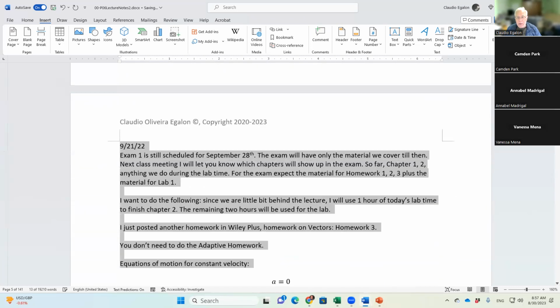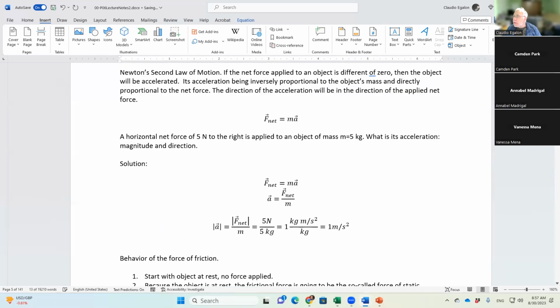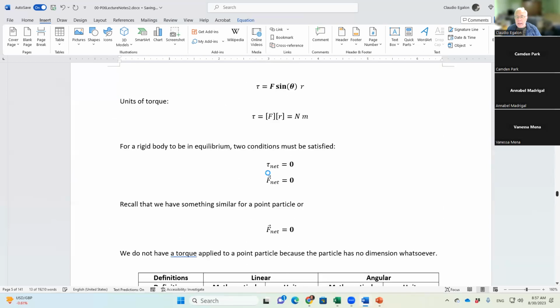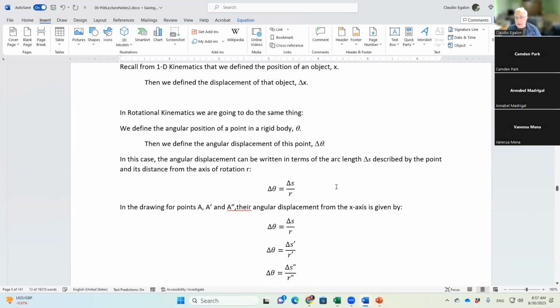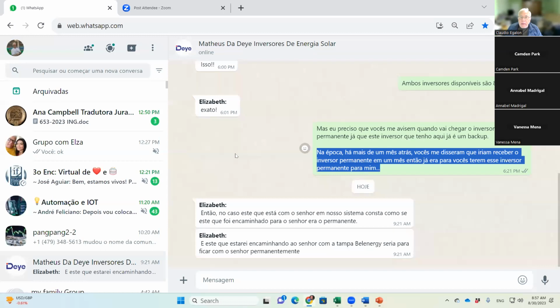Let's see here. Is it on Canvas? Yes, it's in Canvas there. I'm going to show you where it is. Let's see if it's going to erase it or not. Oh, yeah. Okay, let me go there to Canvas.